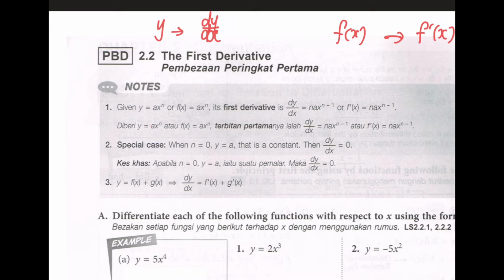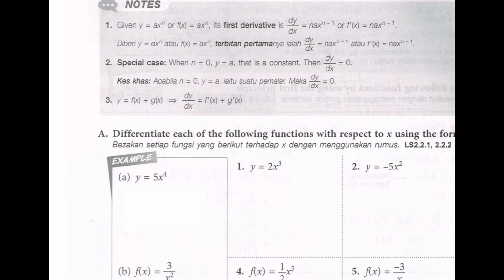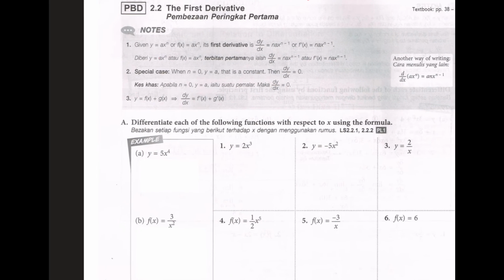Now let's see an example. We have an example over here, part A. This is the question: y equal to 5x to the power of 4. So we write dy dx. As the question said, differentiate each of the following functions with respect to x using the formula. So the power 4, that is the first step that I mentioned just now.